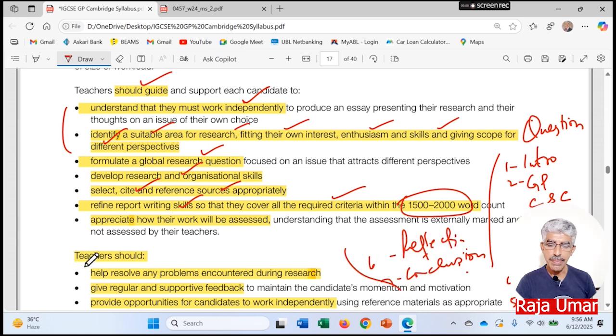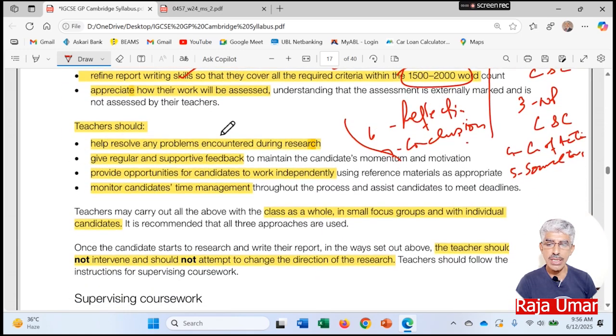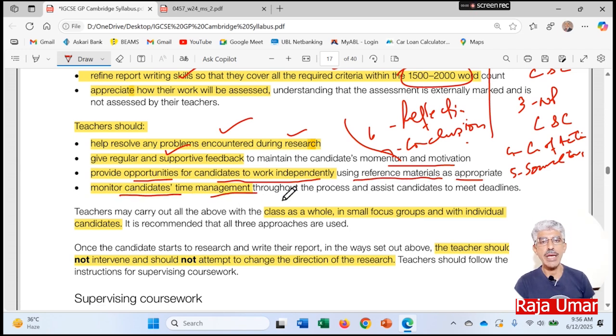Teacher should help resolve any problems encountered during the research, give regular and supportive feedback to maintain the candidates' momentum and motivation, provide opportunities for candidates to work independently using reference material as appropriate, monitor candidates' time management, that they must be completing their individual report in due course of time so that they might not be lagging behind and must not be creating problems for themselves regarding the submissions.